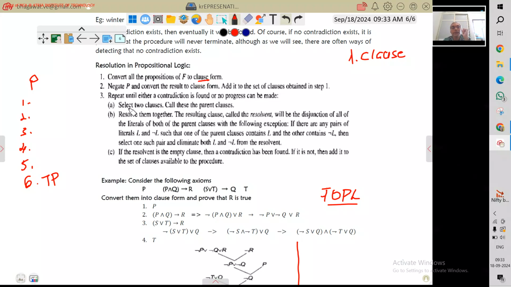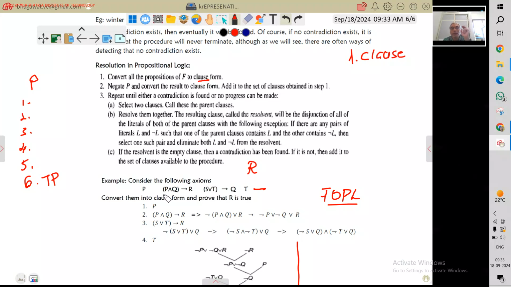Select 2 clauses and call them parent clauses. As in the example, suppose these are the facts in our knowledge base and you want to prove R, so you negate R. First, convert all this into clause form: remove all the implications, move the negation to the individual terms, and make sure it is in conjunctive normal form.